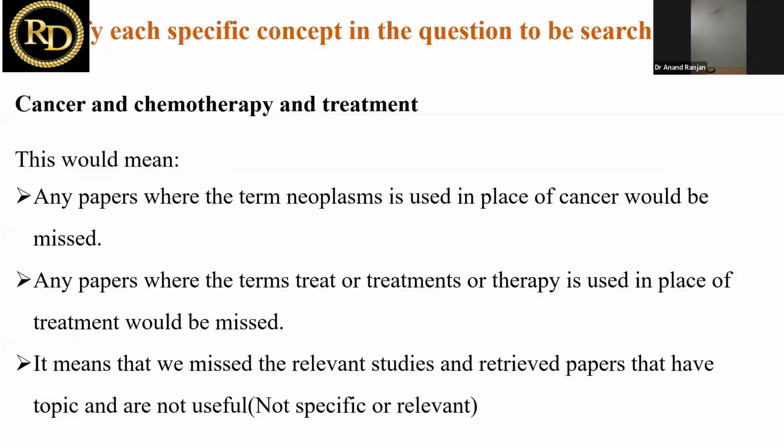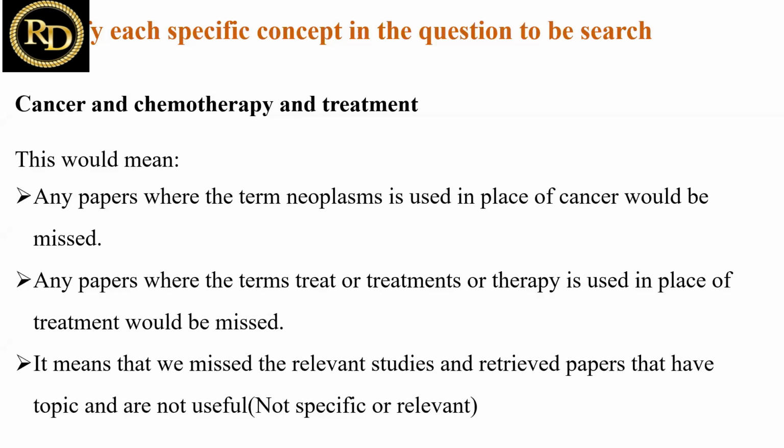Here I need to include all the synonyms or alternative terms in our search to identify each specific concept in the question to be searched. Here I have written cancer and chemotherapy and treatment, and I am trying to search the studies under these three key terms. I am not using any alternative terms or synonyms, or any medical subject headings.